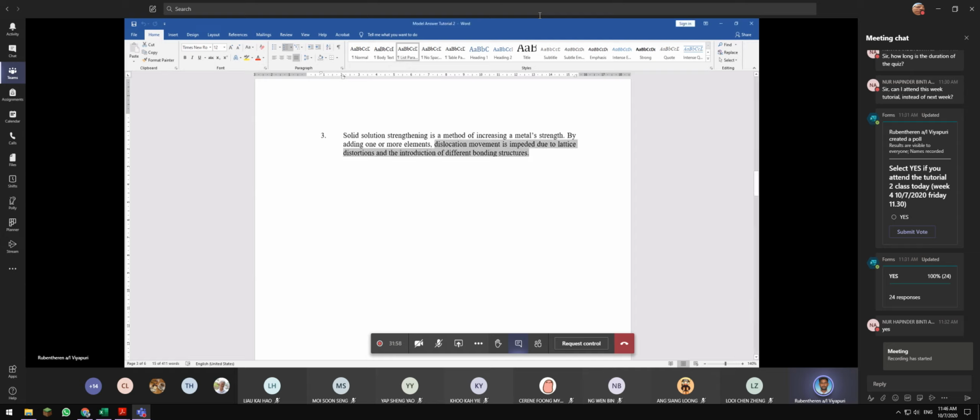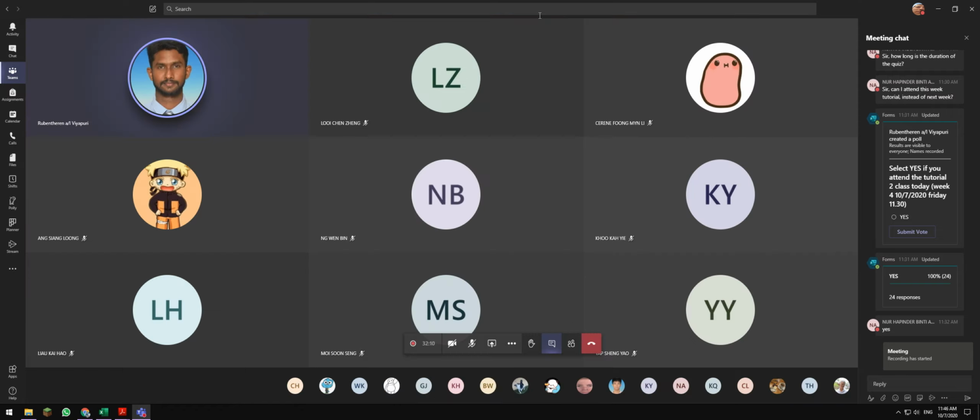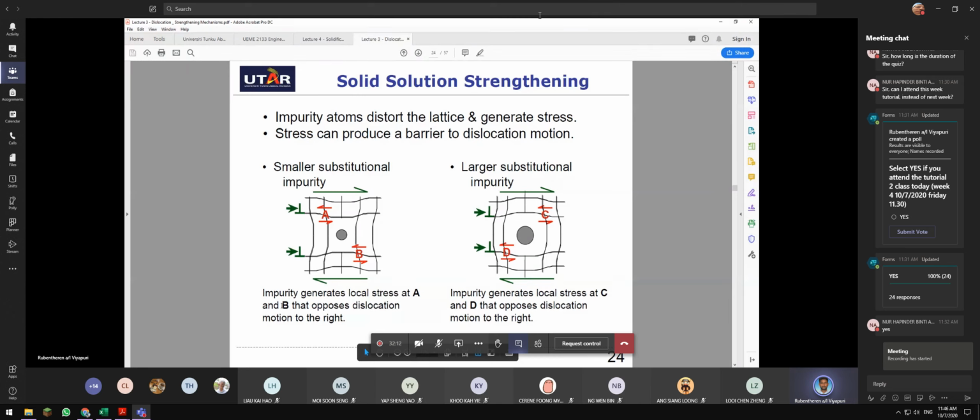Right? Take a look at that. Here, I'll show you the answer. Here you go. Small impurities, large impurities. Large impurities create compression. Small impurities create tension.